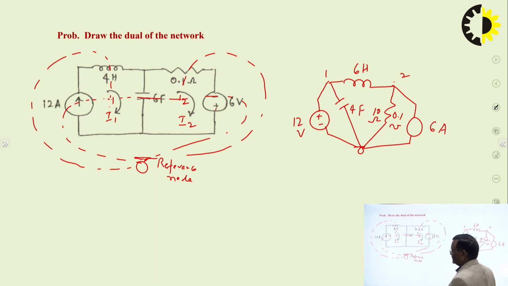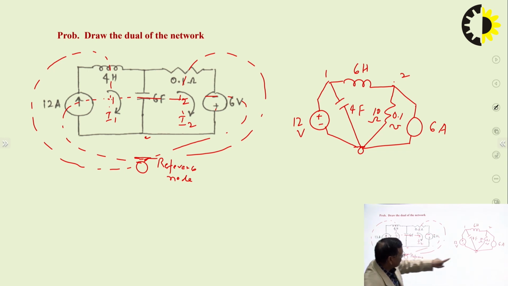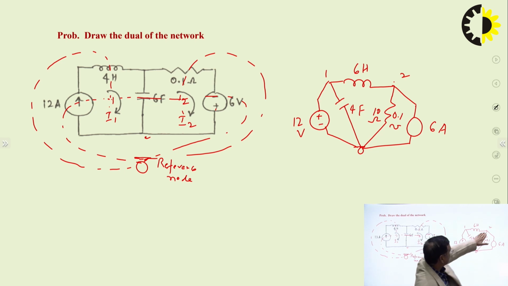What will be its direction? The direction is decided by this mesh current and polarity of this voltage. This mesh current is entering the negative terminal, leaving the positive terminal, which means the direction of the mesh current and polarity of the voltage source are the same. So the direction of this current will be towards the node. It will be like this. So this is the dual network.